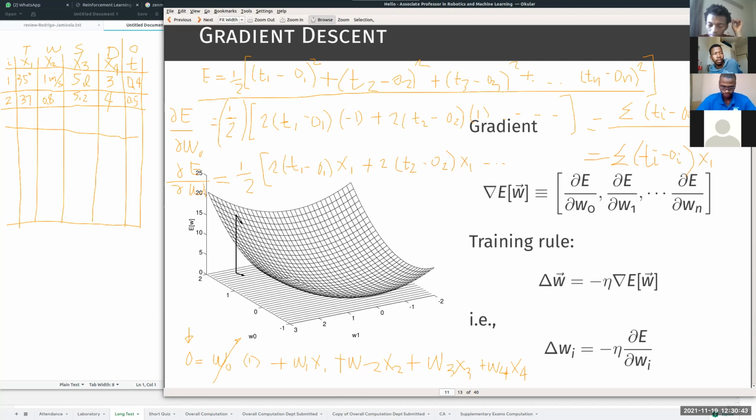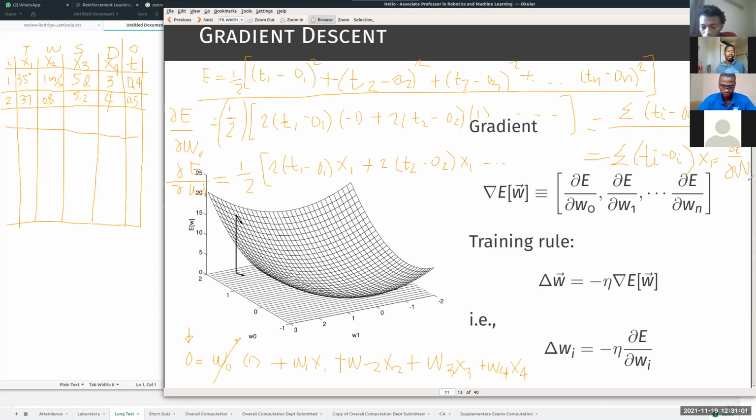Remember, this is partial of E with respect to W0, and this one is partial of E with respect to W1. So now you can see the pattern.